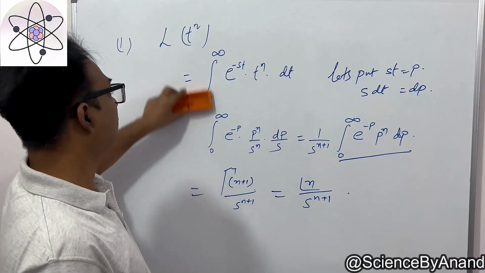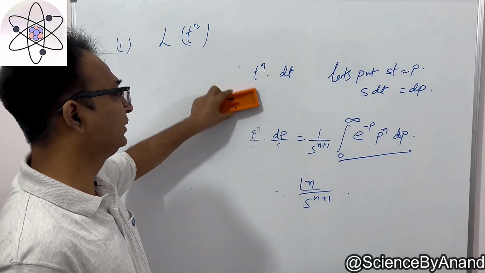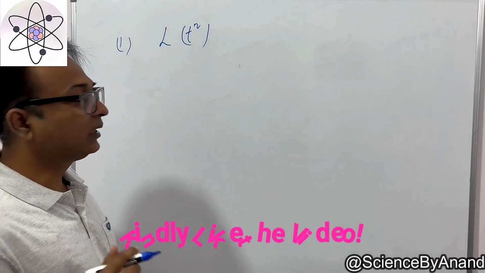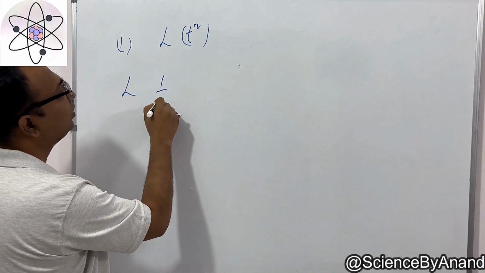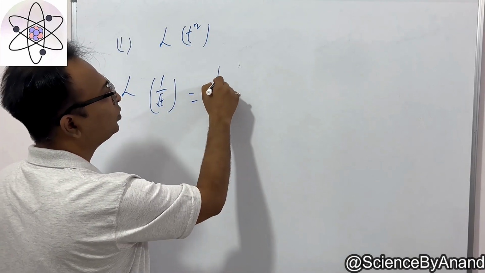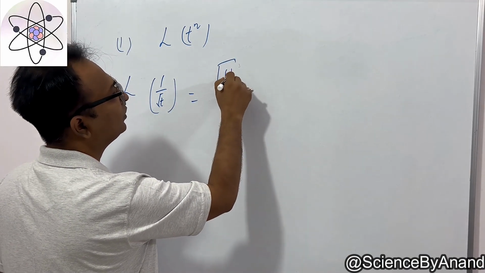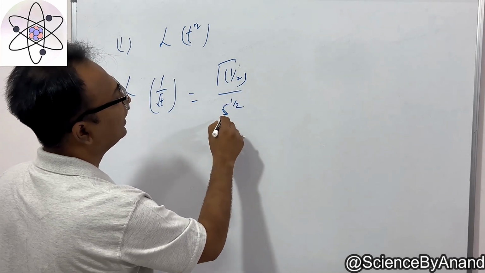Now we have two typical cases in this, particular cases I would say. First is Laplace transform of 1 by root t. It comes to gamma of 1 by 2 by s to the power half.